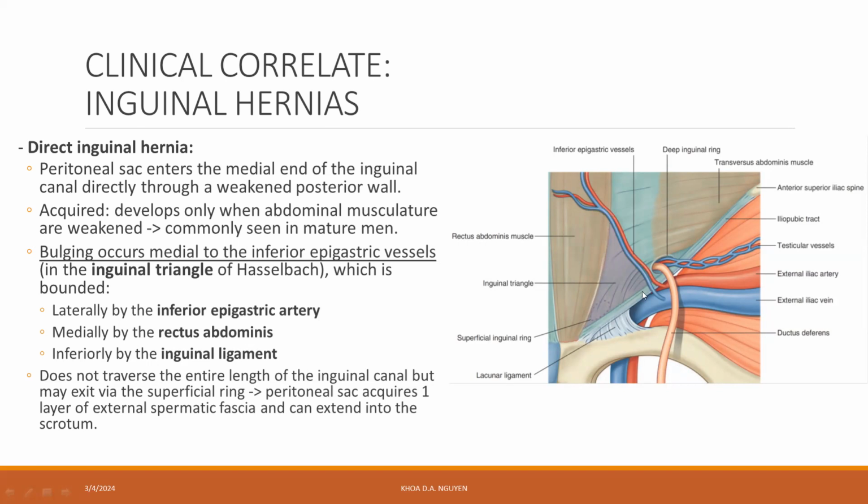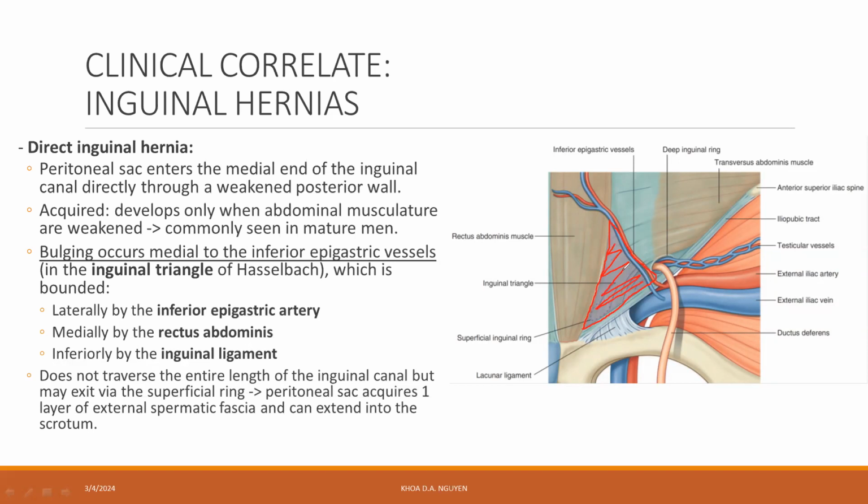Over here, you will have the inguinal ligament. And therefore, the triangle of Hesselbach is going to be this triangle that is formed by the lateral border of the rectus abdominis, the inferior epigastric artery, and the inguinal ligament over here. And this is the area that is the most prone to a direct inguinal hernia.